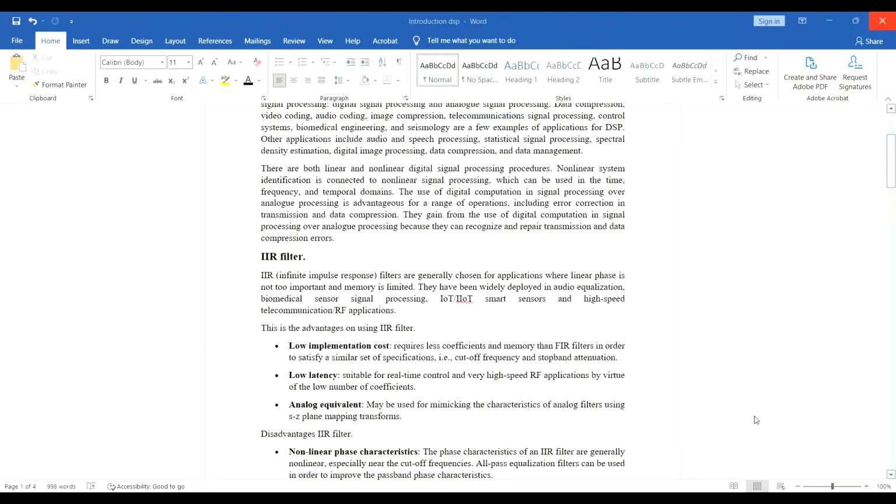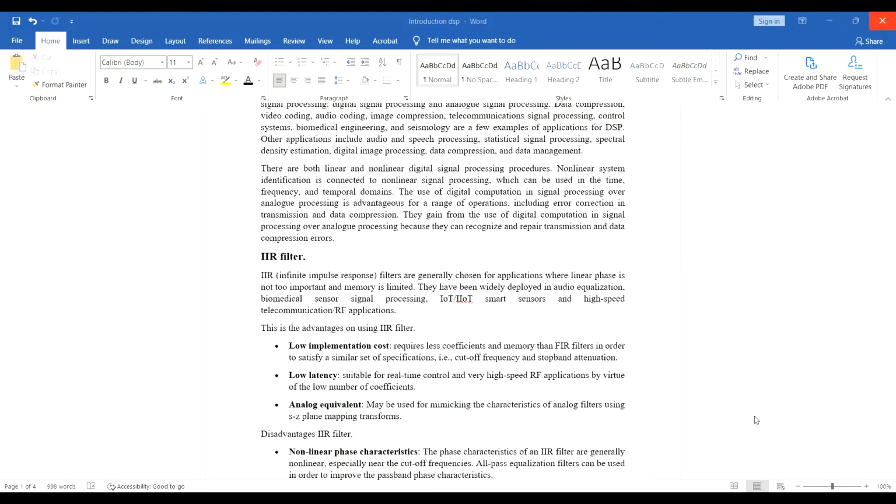So I will talk about the IIR filter. An IIR filter is an infinite impulse response filter. It is generally chosen for applications where linear phase is not too important and memory is limited. The IIR filter has been widely deployed in audio equalization, biomedical sensor signal processing, IoT, smart sensors, and high-speed telecommunication applications. There are also advantages and disadvantages of the IIR filter.